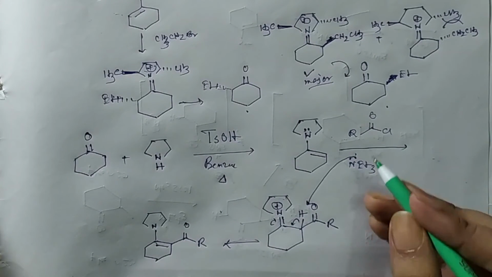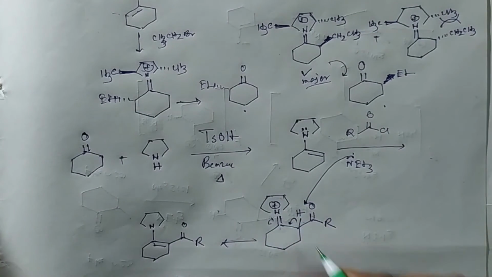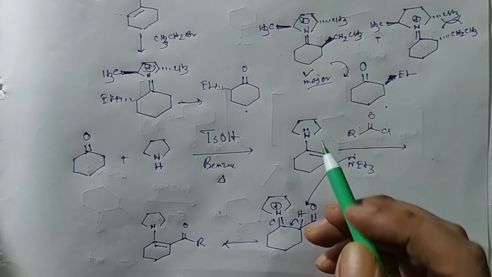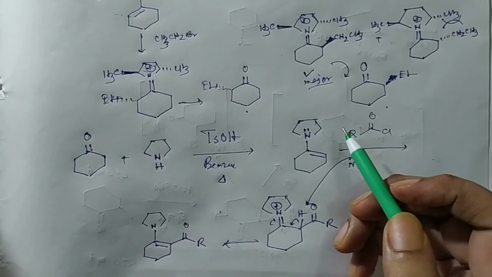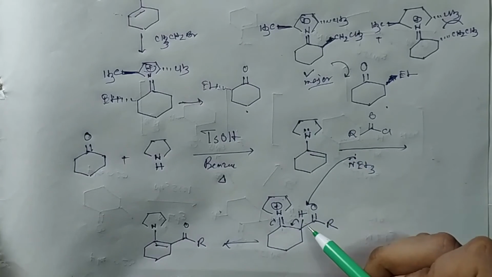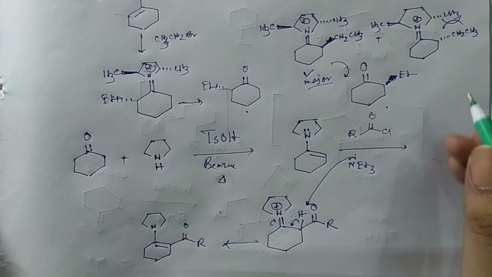So why has the external base been used? This is just because this hydrogen has a very severe acidity. Here there is also the nitrogen of the enamine, which has basicity from its lone pair. So that lone pair captures this hydrogen and is consumed, remaining as a salt, which is a byproduct.